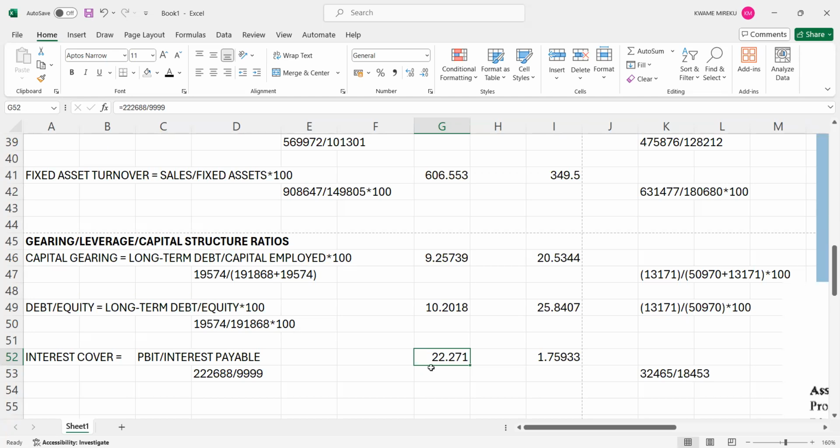Probably due to, I don't know, most likely our loan portfolio saw a reduction. Or no, our loan portfolio, the long term, is still 19,574.